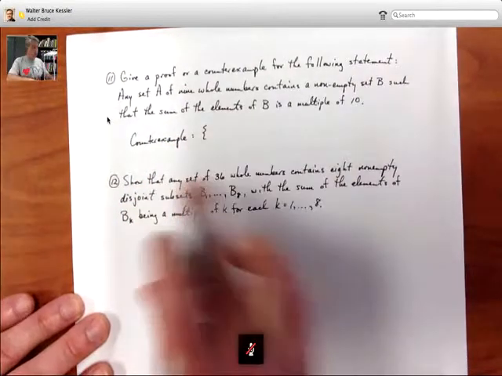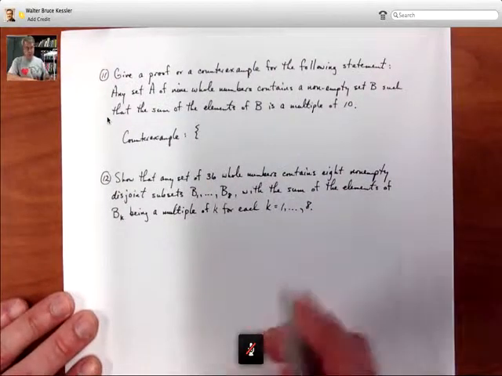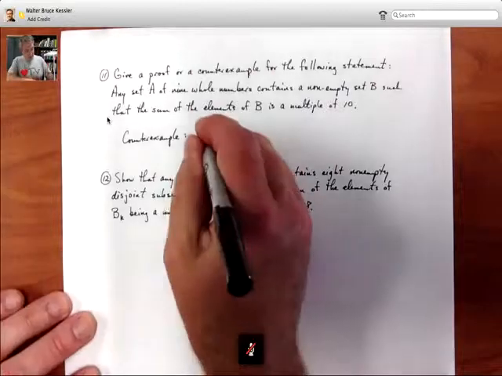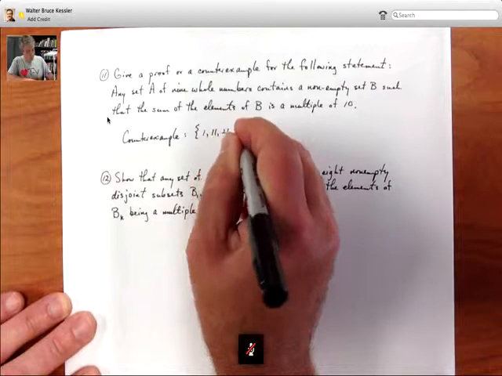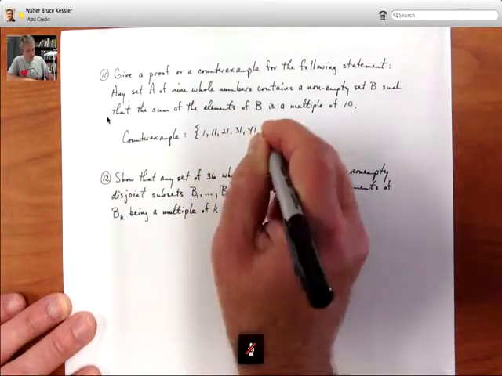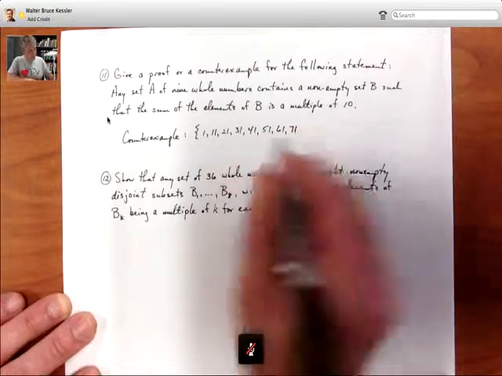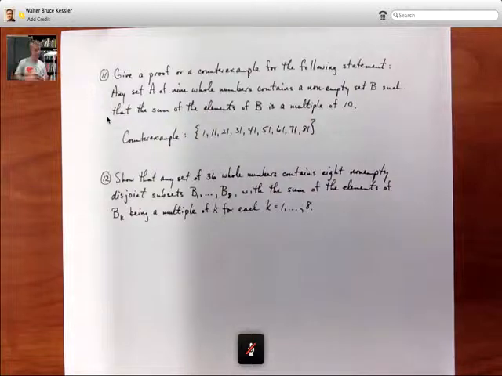But I'm going to kind of go on the fact that as long as I keep a 1 in that 1's position, I can't pull out a subset whose sum would be a multiple of 10. So something like 1, 11, 21, 31, 41, 51, 61, 71, I think that's 8, 81. Okay. And there are many ways to do that.